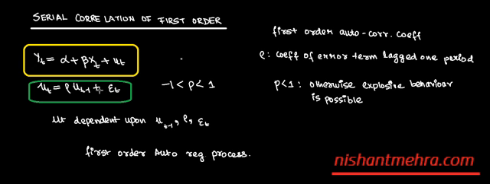So ut is dependent upon the one period lagged error term, that is the error which occurred in period t minus 1. Say, for example, you are modeling the error term in period t, then that error term in period t is dependent upon the error term in period t minus 1.